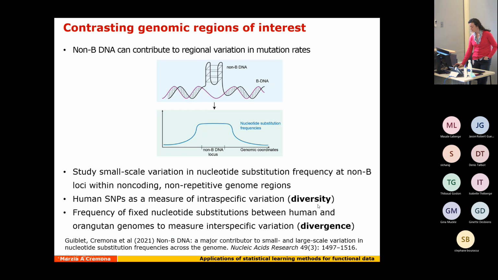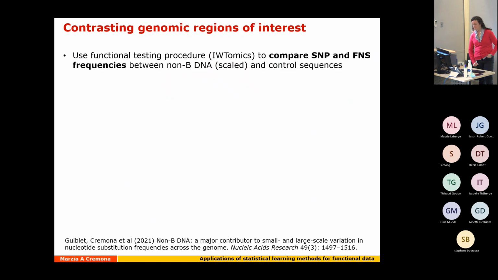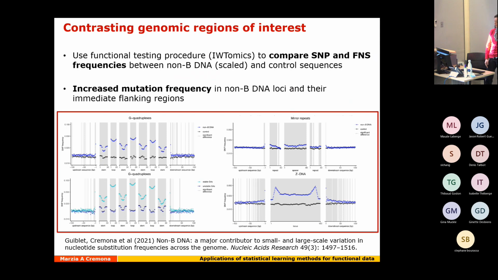So we look at diversity and divergence, so we looked at intraspecific variation and interspecific variation. We used again the same methodology, and we saw that where we have this non-B DNA, we actually have an increased number of substitutions.